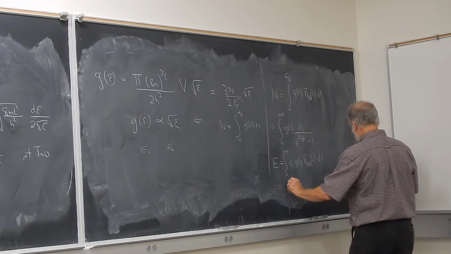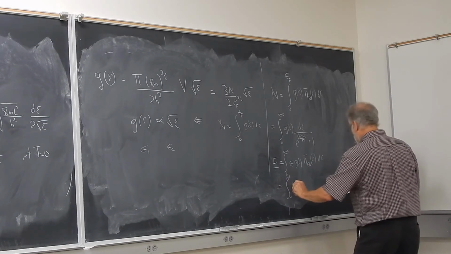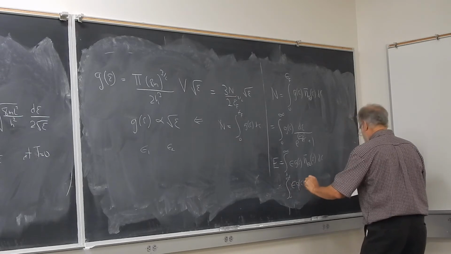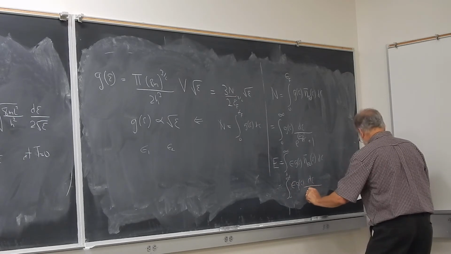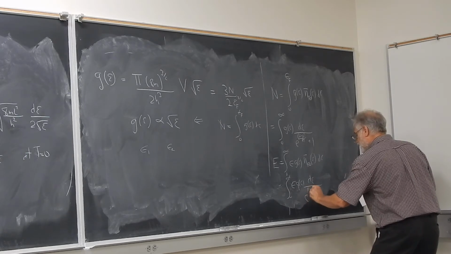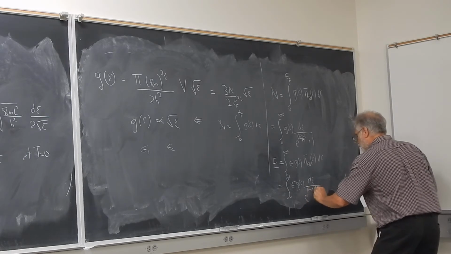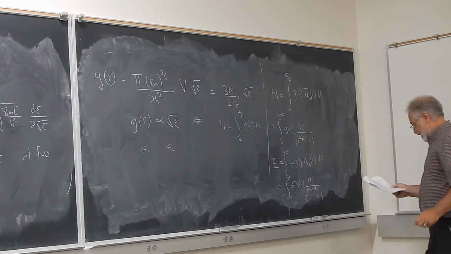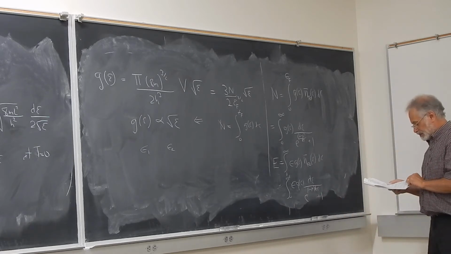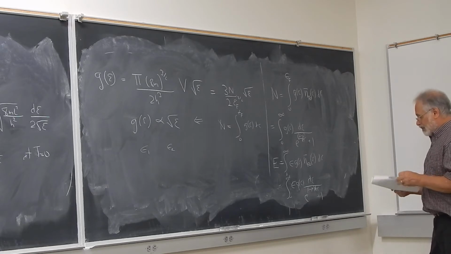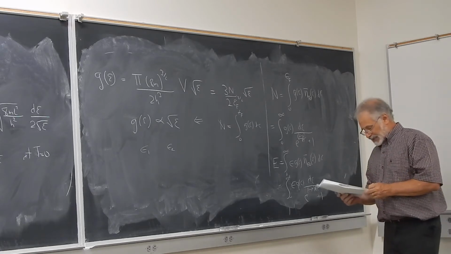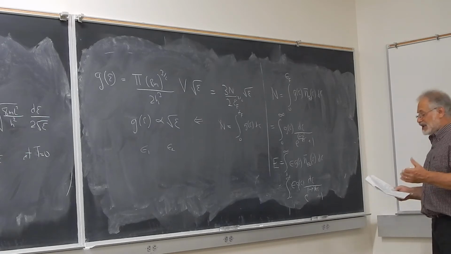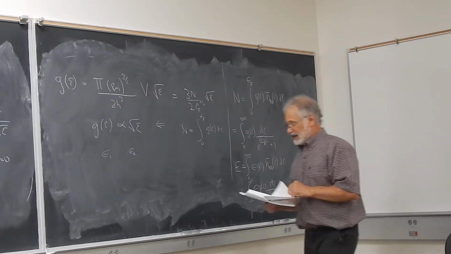So I can write this as the integral from 0 to infinity of E g of E dE over e to the (E minus mu) over kT plus 1. Remember that the chemical potential at any temperature is not equal to the Fermi energy, except when we're at 0 kelvins.